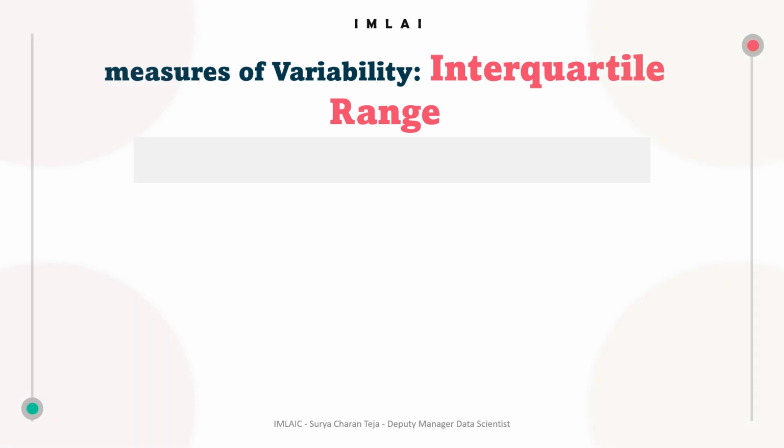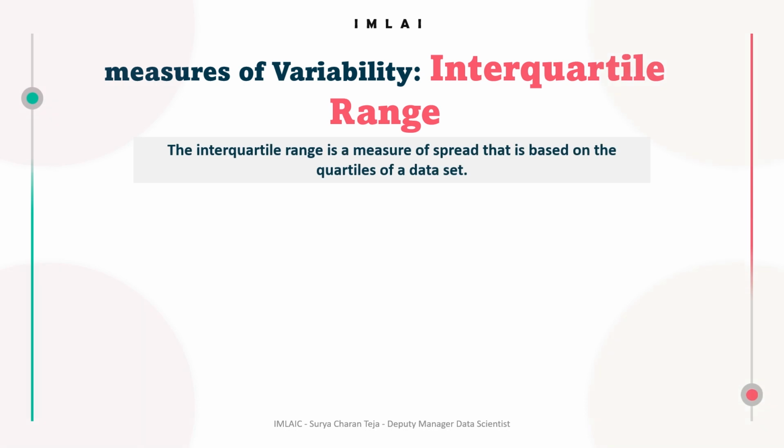The interquartile range is a measure of spread that is based on the quartiles of a dataset. It's calculated as the difference between the third quartile, Q3, and the first quartile, Q1, which represent the 75th percentile and 25th percentile of the data set respectively.